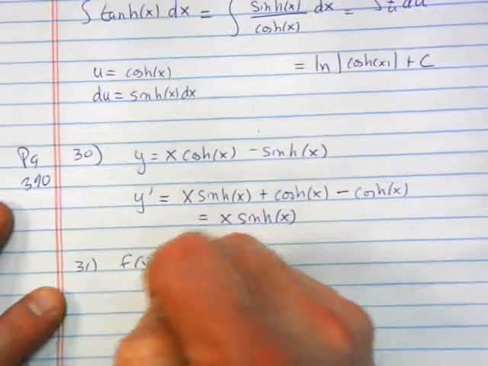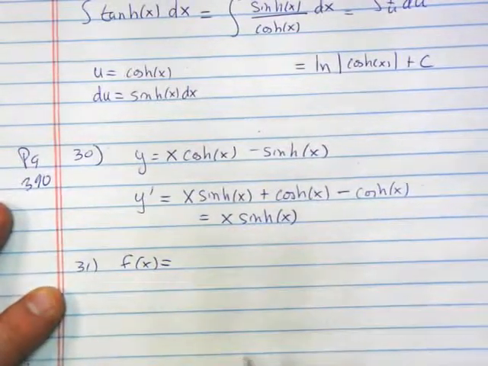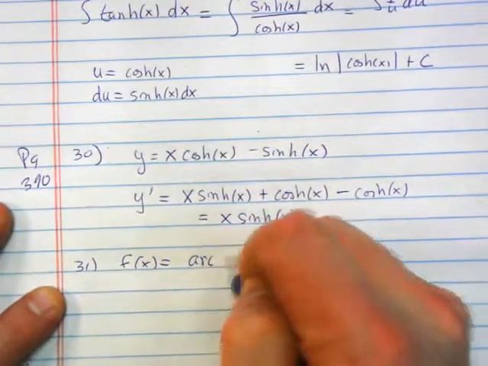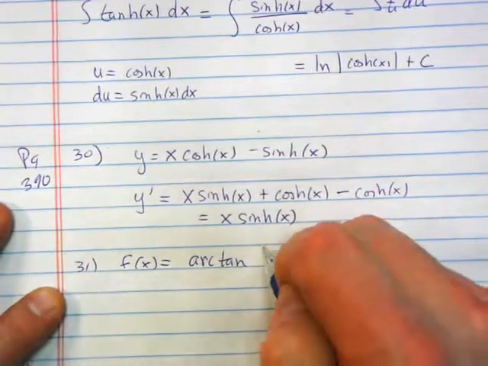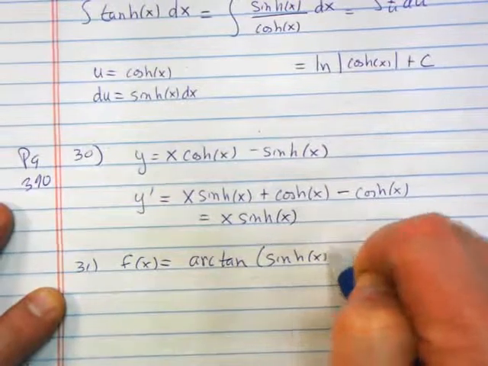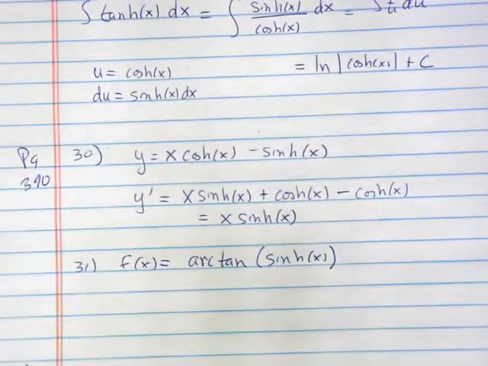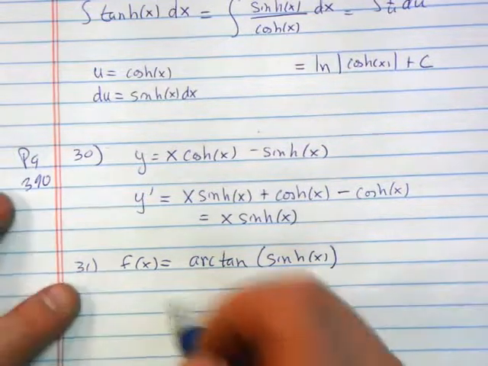f of x is arctangent of hyperbolic sine of x. I want to find f prime.